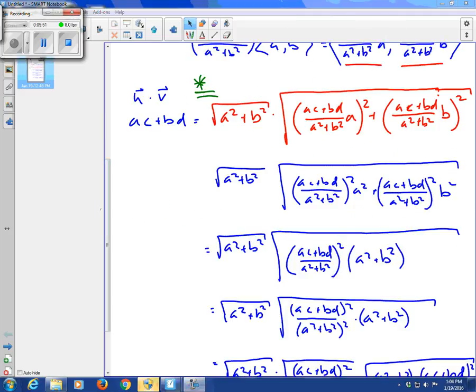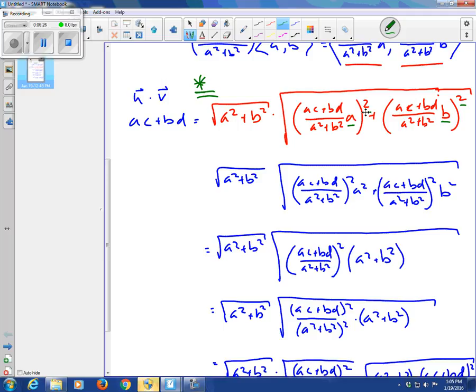Okay, so now looking at this, we can start by distributing the square through our parentheses. Since we're multiplying everything, we can distribute the square to our original horizontal and vertical components, and to the scalar we distributed in, and that's going to give us (AC plus BD over A squared plus B squared) squared times A squared, and the same thing times B squared, right?